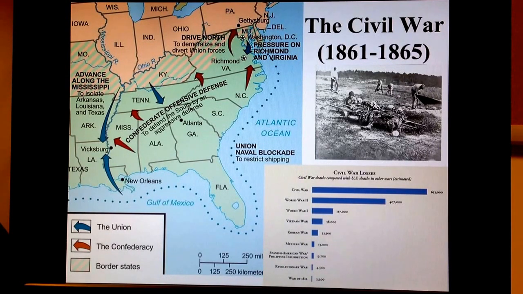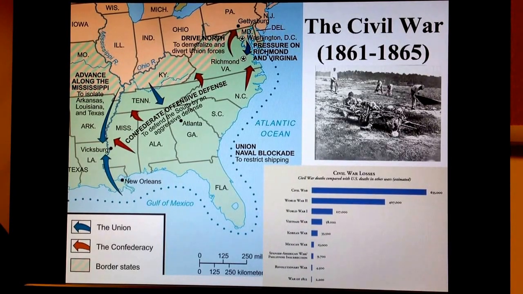The South was defeated and essentially dragged back into the United States, with the slaves of the South now as free Americans. But what sort of rights would these 4 million newly freed people have? We'll find out.